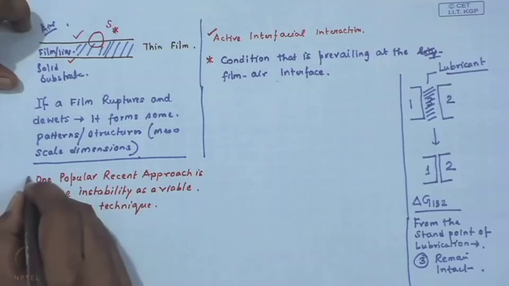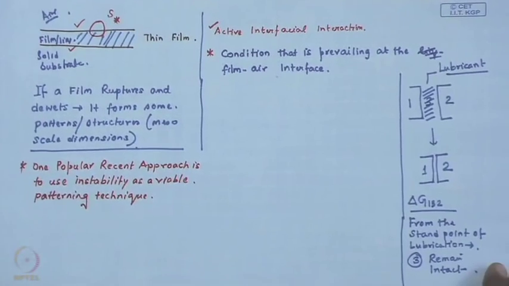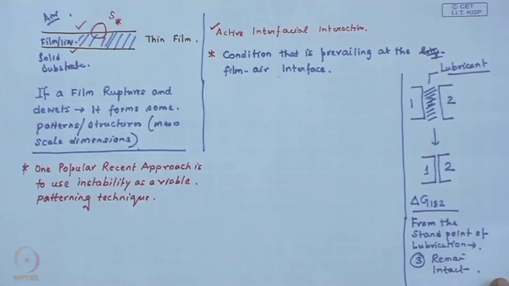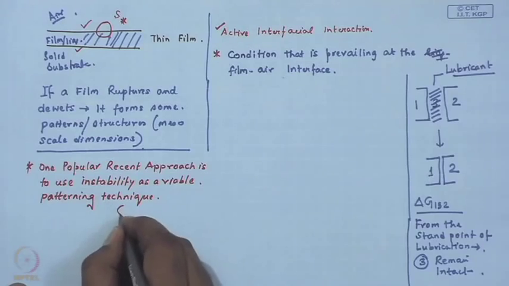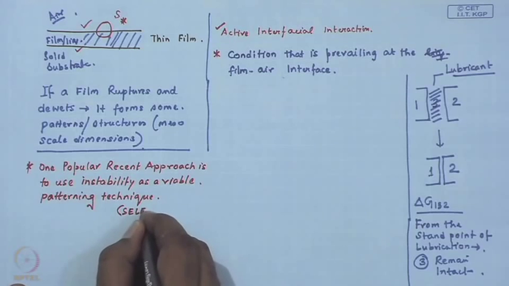In one of our very early classes where we talked about the different approaches for mesoscale patterning, we did talk about the bottom up, top down, and also this, which we refer to as self organization.